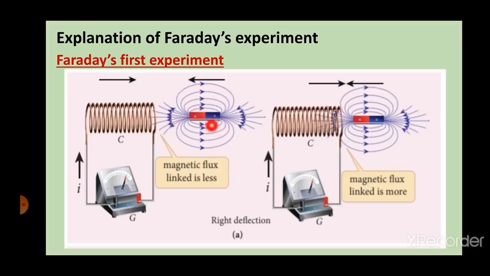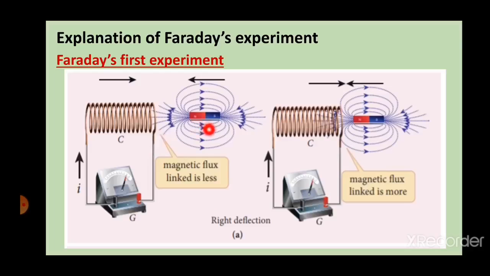Faraday moved the magnet close to the coil, and at the same time moved the magnet away from the coil. Whenever there is motion between the circuit and the magnet, we can do it in two ways. In the first way, we keep the circuit at rest and move the magnet toward and away from the circuit.